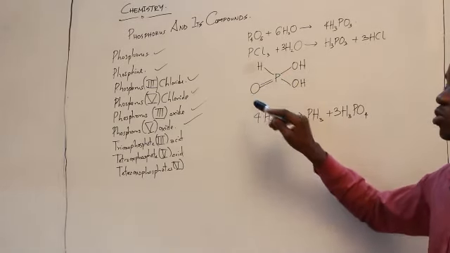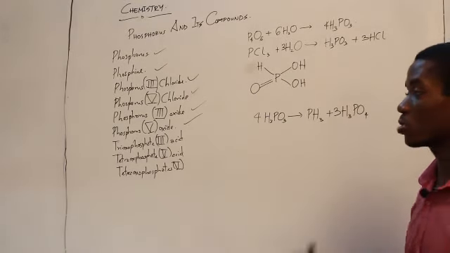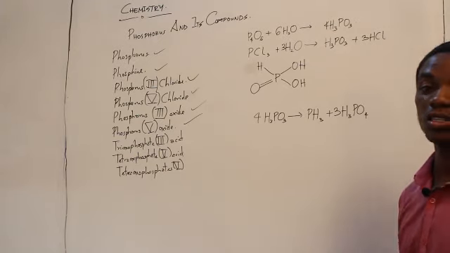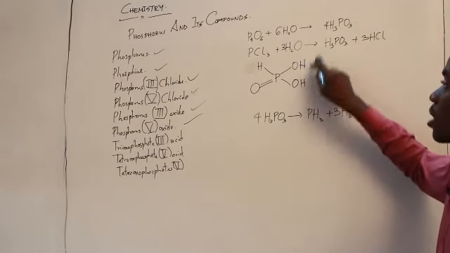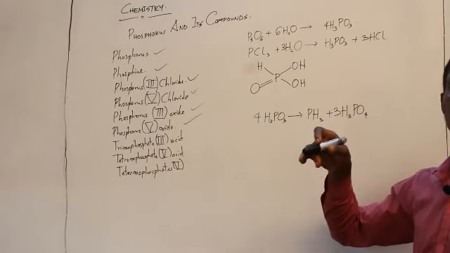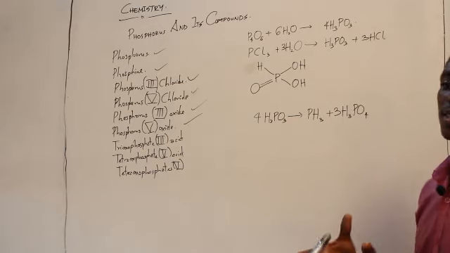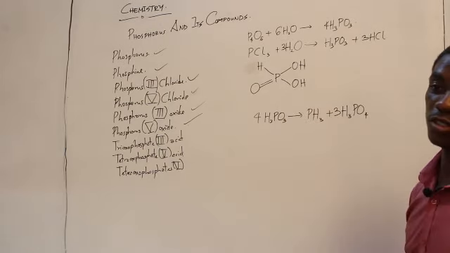So 2 of it connect to one oxygen, and the other ones connect individually, 2 to the hydroxyls and 1 to the hydrogen. So these hydroxyls are not hydroxyls like the way we see them in bases. Rather, they are just a part of the phosphorus compound.